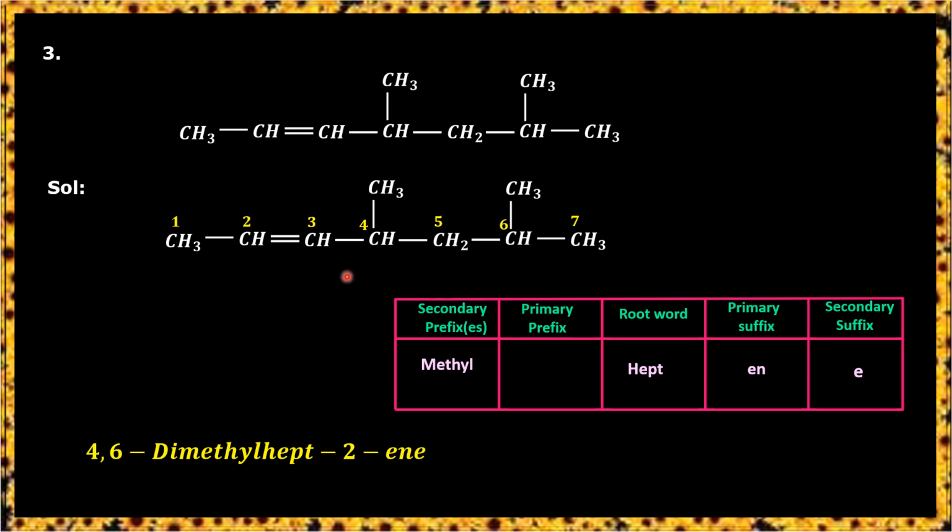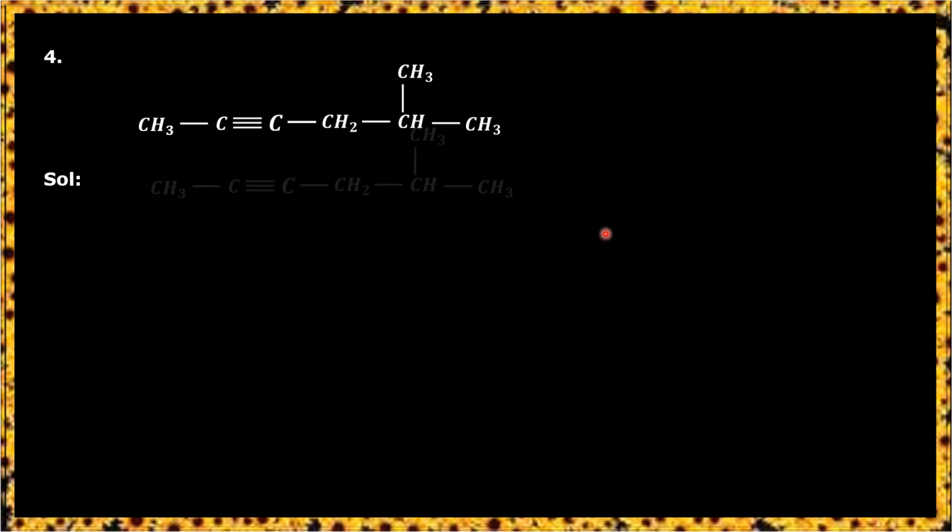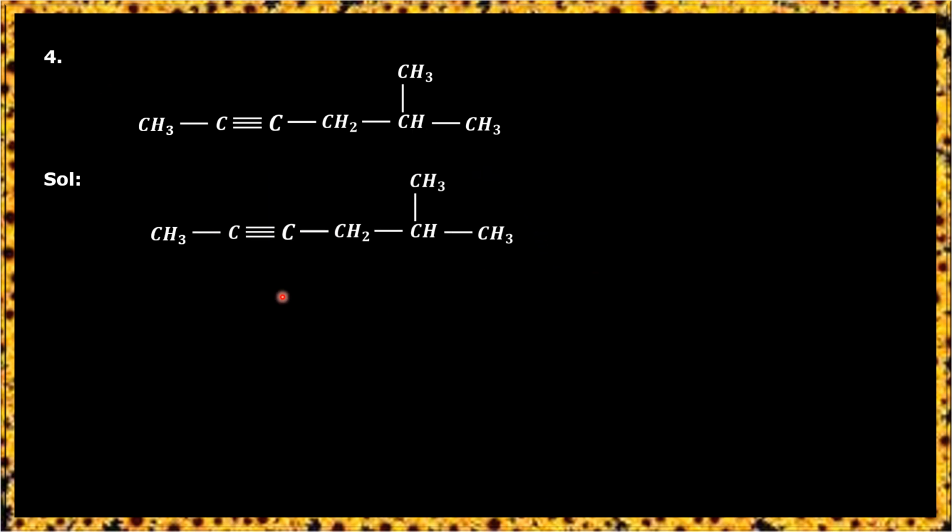Okay. Next example 4. This is an organic compound containing a triple bond, an alkyne. So we have to give the IUPAC name for this. This is the given compound. First we have to select the longest chain of carbon atoms.